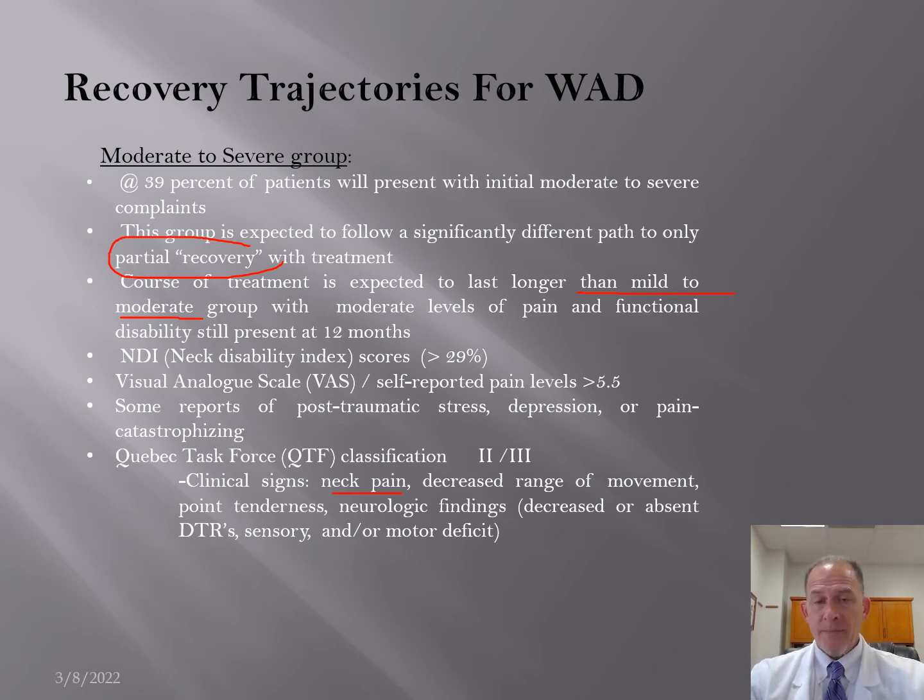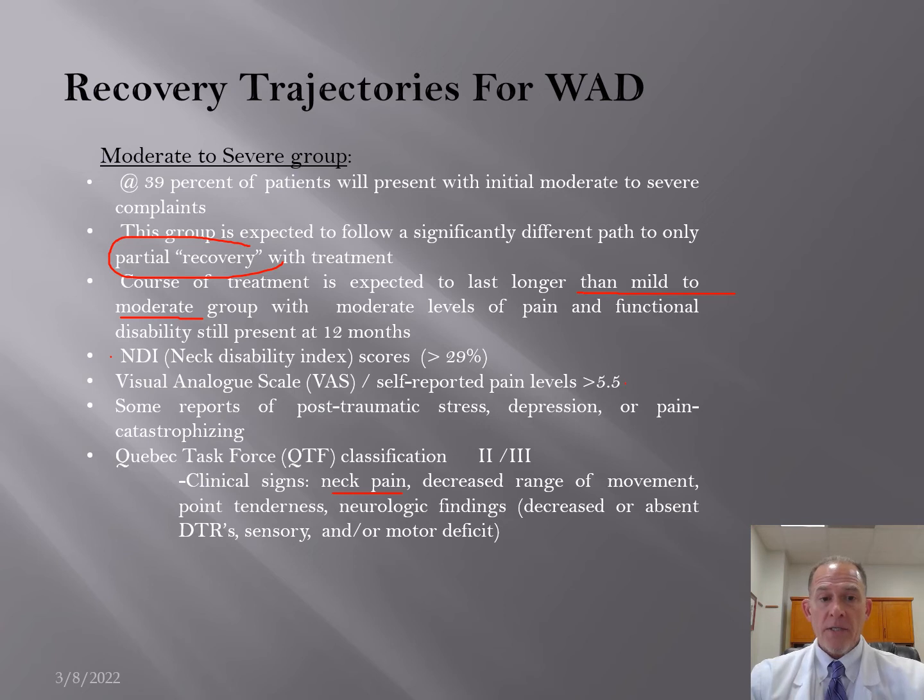These patients typically will have pain at the 4-week post-accident interval and have at least one or multiple disc herniations on their cervical spine MRI. The neck disability index score is greater than 29%, and obviously we see scores on the self-reported pain scale of greater than 5.5.